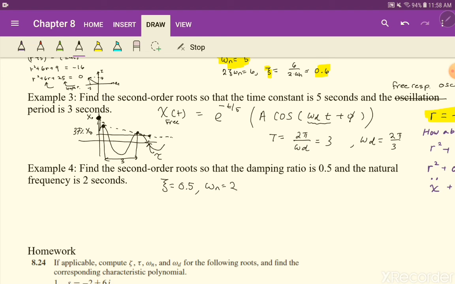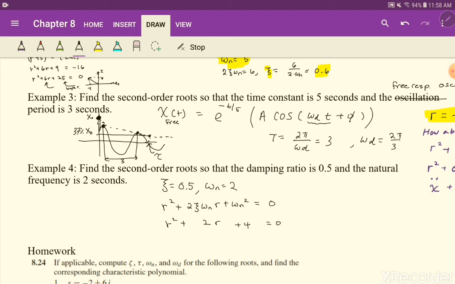Why didn't I just make this an example 1 or something? So let's see. That means you have r squared plus 2 zeta omega n r plus omega n squared equals 0. I'm afraid you're going to have to memorize this. So omega n squared is 4. And what is 2 times zeta? 2 times 0.5 is 1, 1 times 2 is 2.